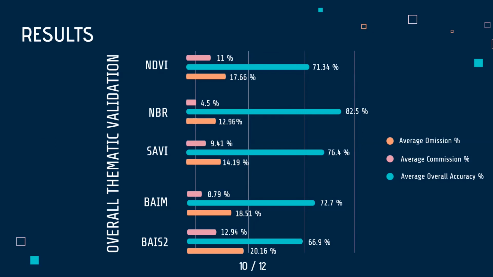The second one, unexpected, is the SAVI, because it's an index based on the red and infrared spectrum. And at the end, we have the BAIS2, which is an unexpected result because it is an index specific for burnt area and also for Sentinel, so we were expecting to have a higher accuracy.